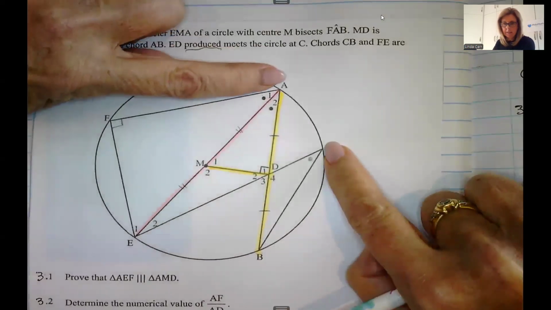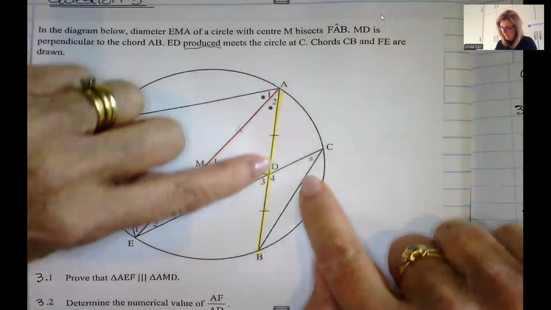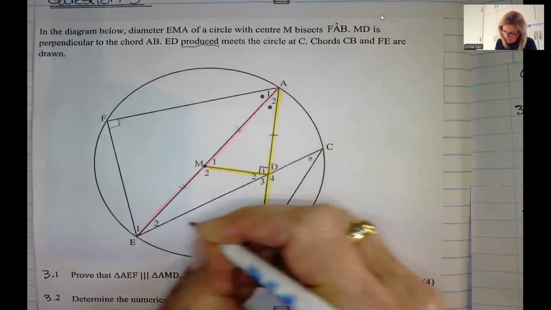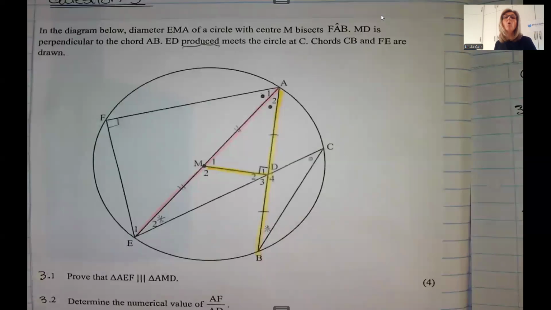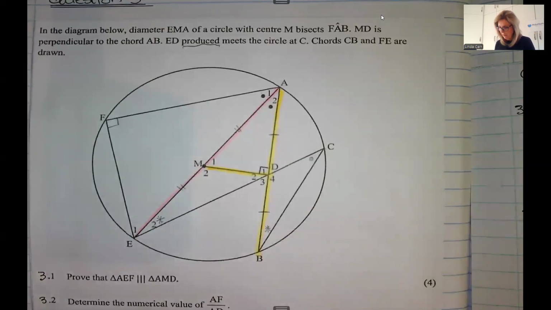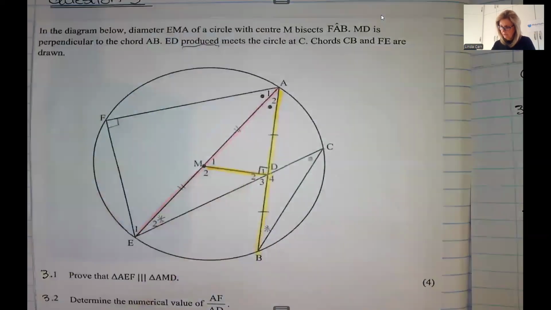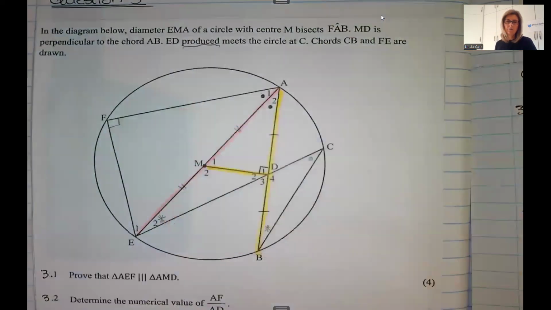Arc AC subtends E2 and subtends B. So I have angles in same segment again the other way. So remember, it's always an arc or a chord that subtends angles in the same segment. Arc EB, there they are. Arc AC, there are my angles.